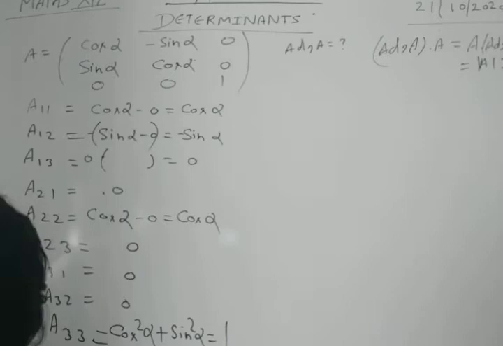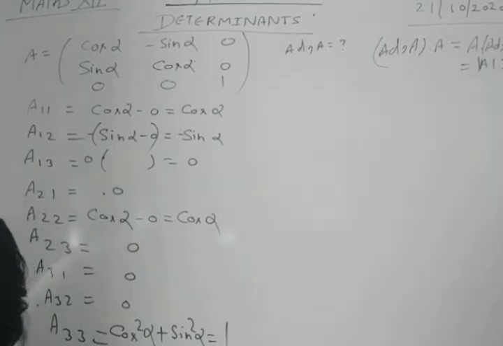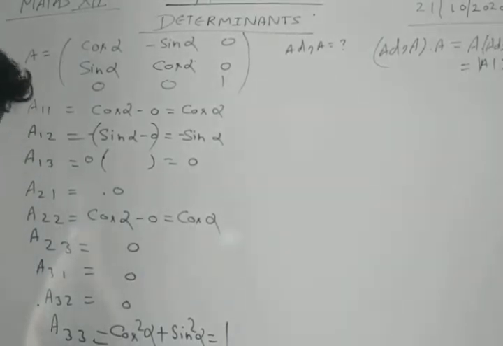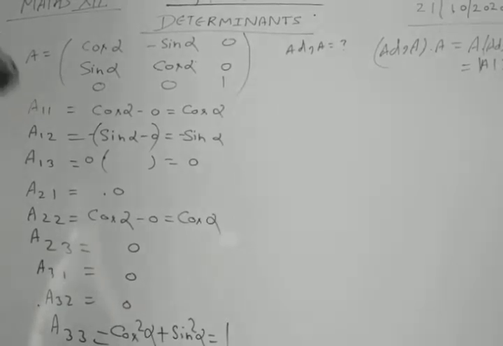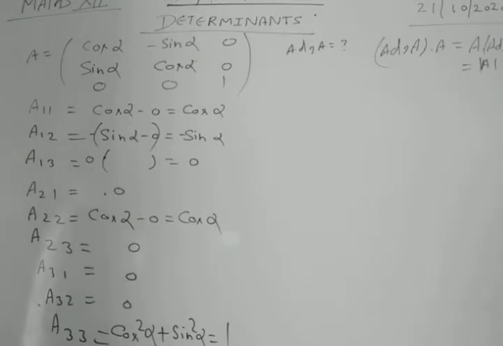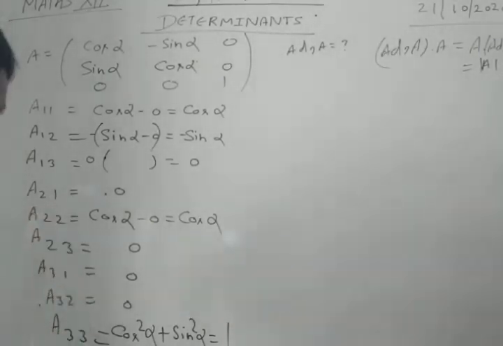Okay. So finally we get the cofactor matrix: cos alpha, minus sin alpha, 0. And our A21 is what?